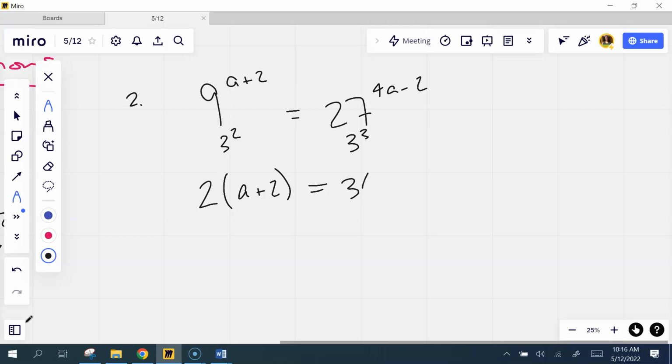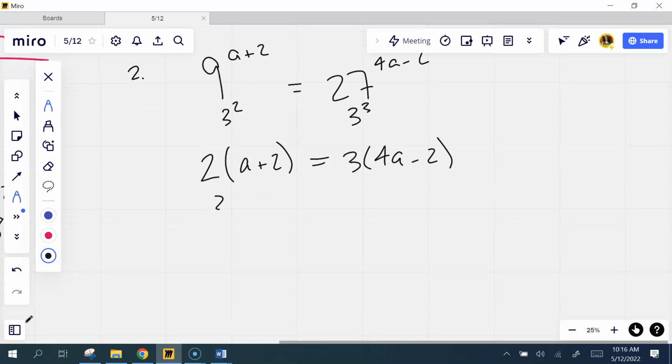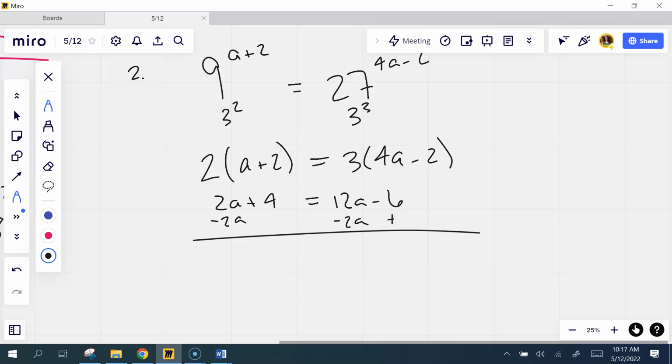So this is going to be 3 times 4a minus 2. Is that coming back to you a little bit? So this would be 2a plus 4 equals 12a minus 6. And then I would solve from there, subtract the 2a and add the 6. So 10 equals 10a, which means a must be 1, right?